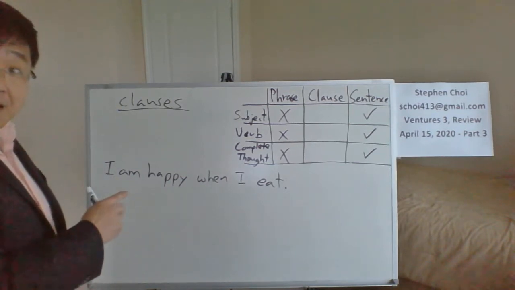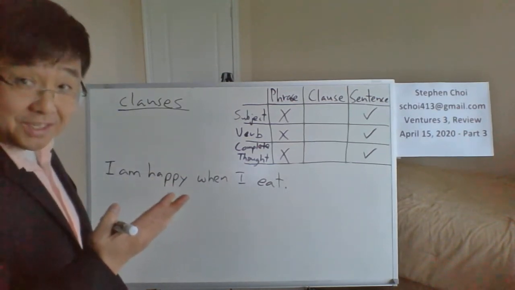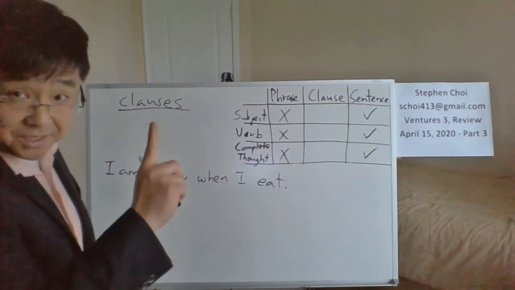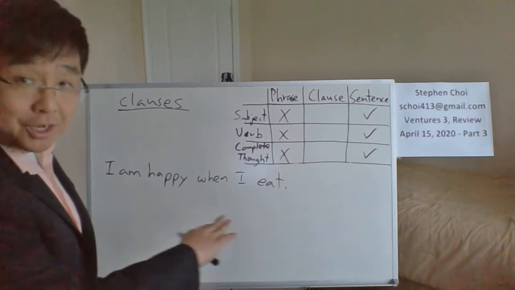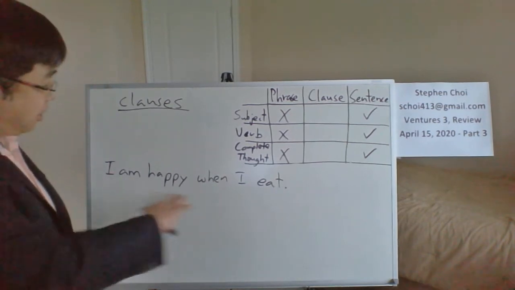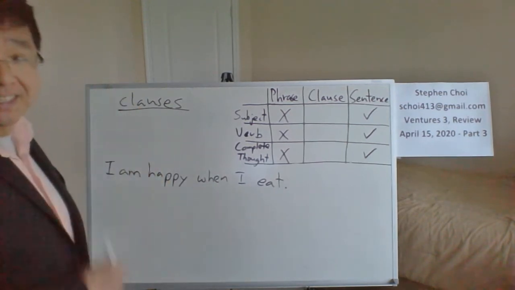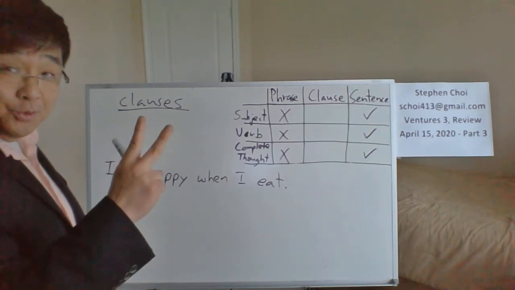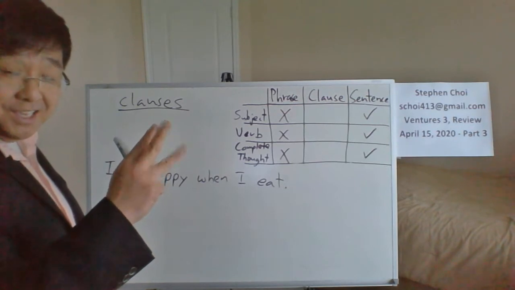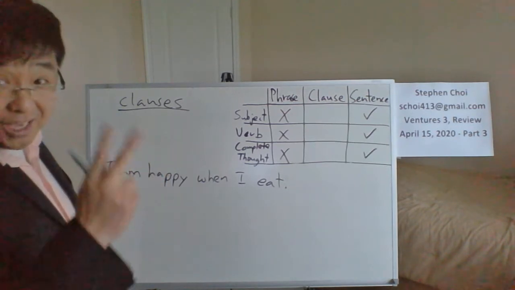Now, the next question is, it's only one sentence, but how many clauses do you see? How many clauses do we have in this one sentence? 1, 2, 3? Exactly, 2.